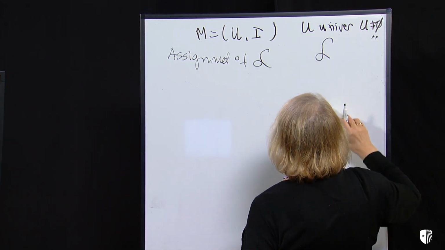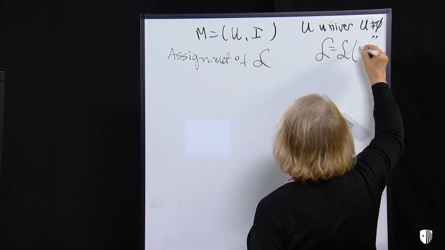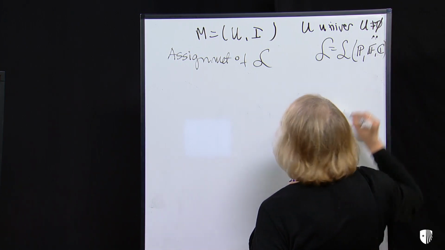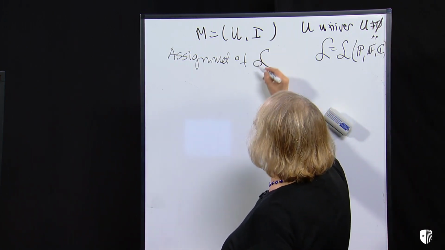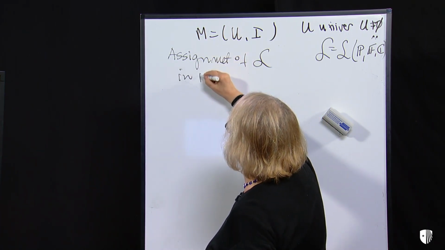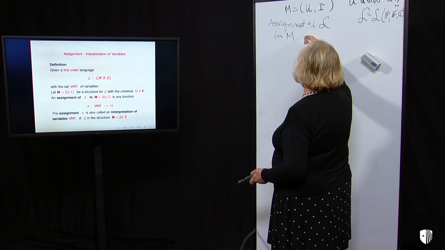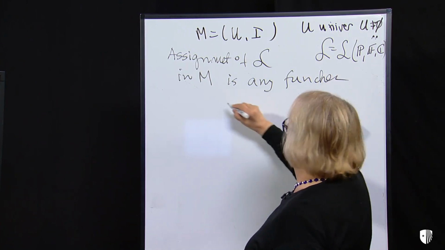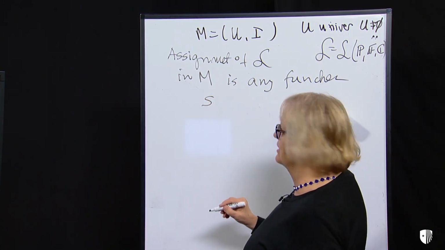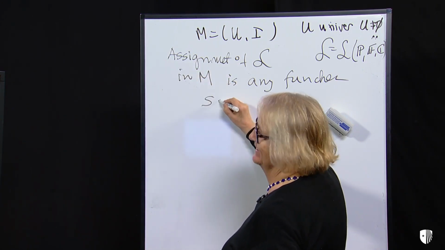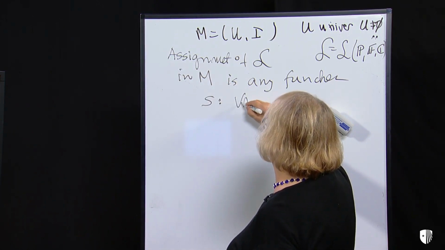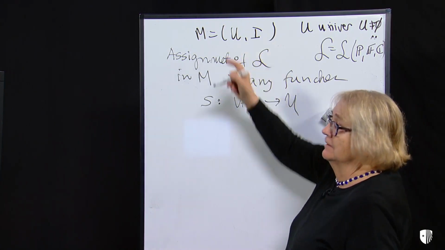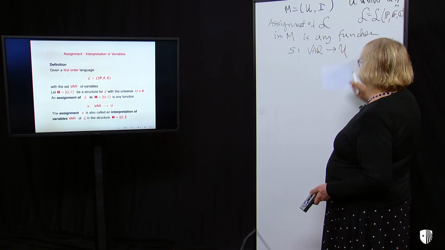L equal L, P, F, C. Assignment of L in M is any function S from variables into the universe. I'm just kidding, as for assignments, double S is S. So each variable is an element of the universe.